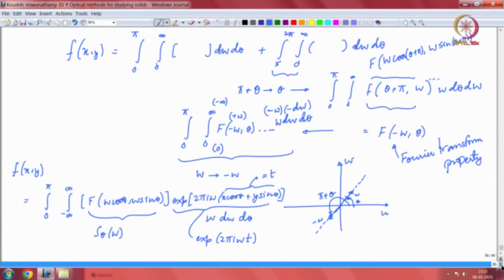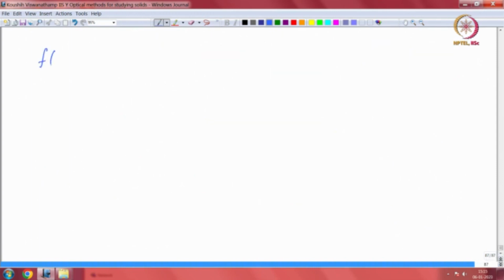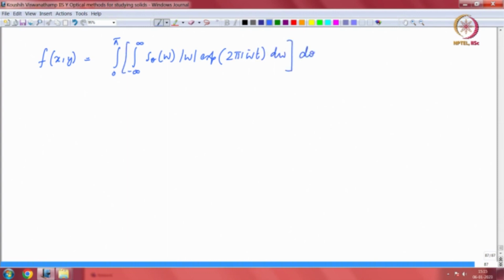So, now if you put this together, you will get f of x comma y is equal to the integral 0 to pi, integral minus infinity to plus infinity of S theta of w times magnitude w, exponential 2 pi i w t, dw d theta.